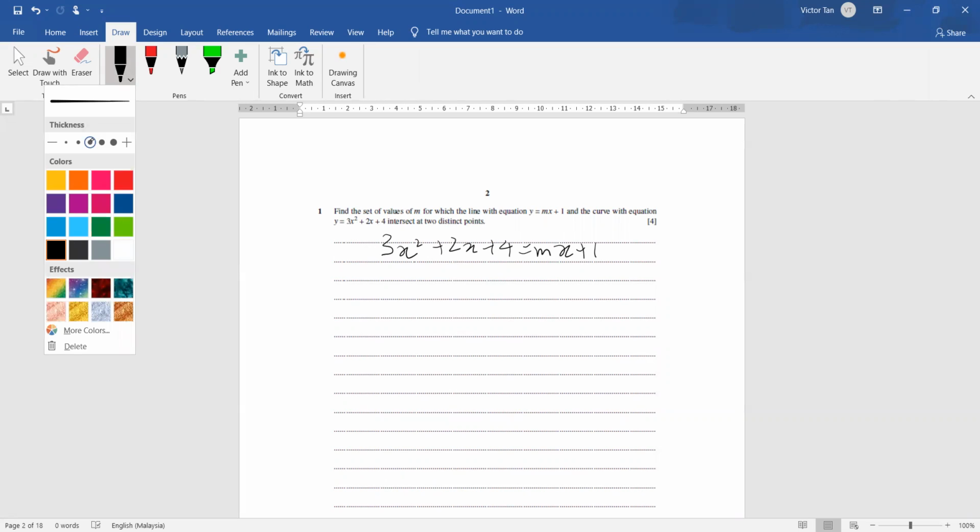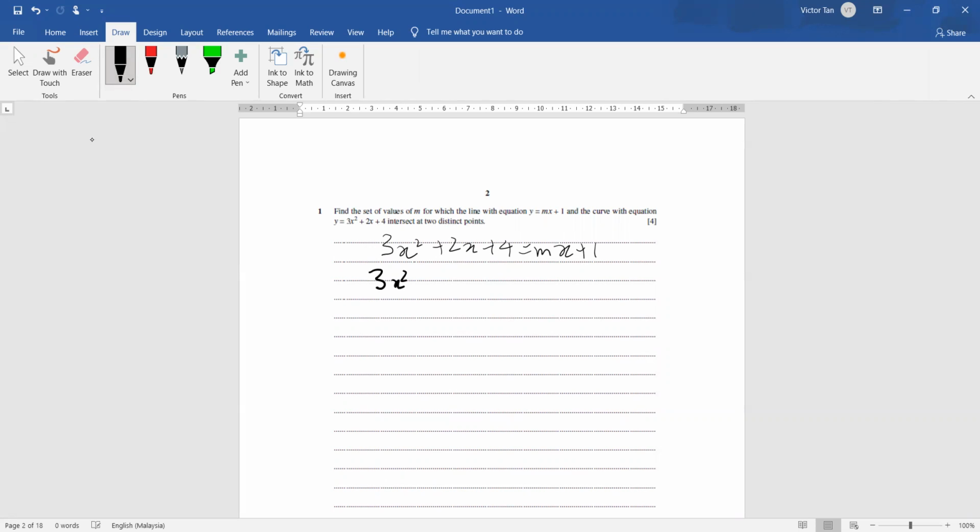Writing it in the general form, you get 3x squared plus (2 minus m)x plus 3. Notice that I write it in the general form.